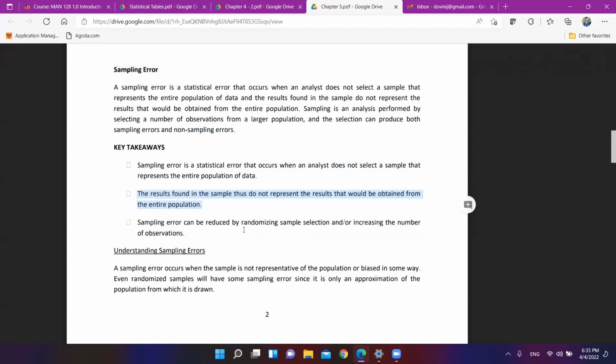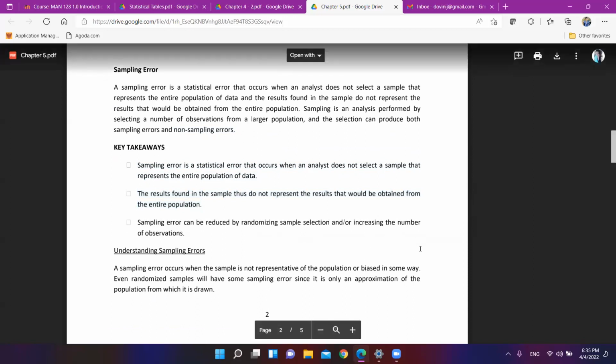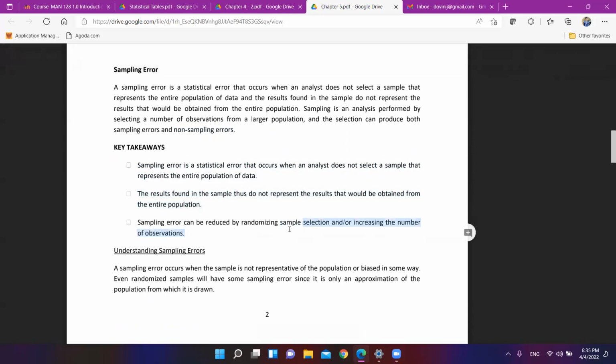Sampling error can be reduced by randomizing sample selection and or increasing the number of observations. This is very important.